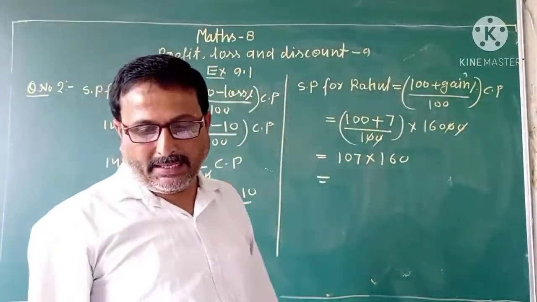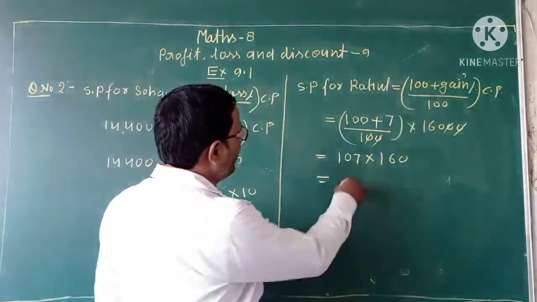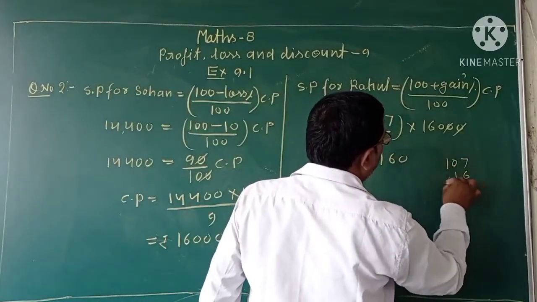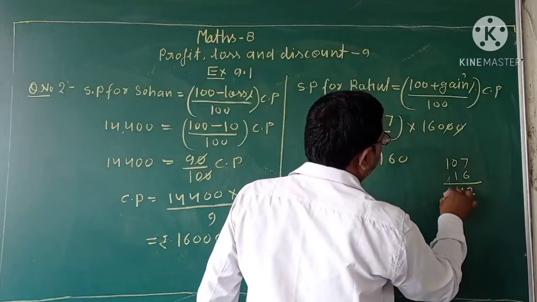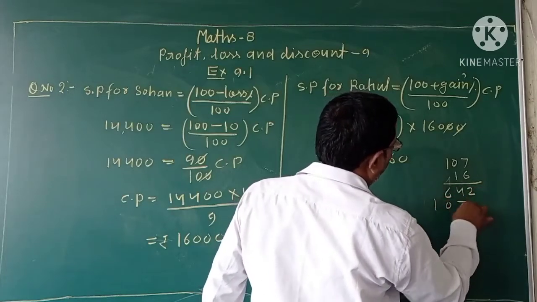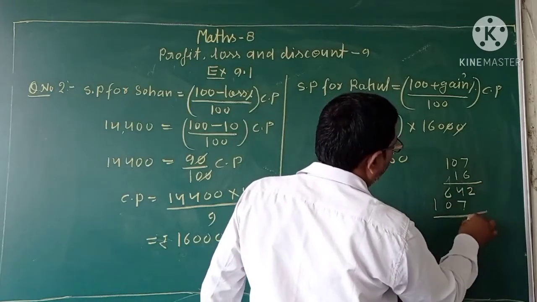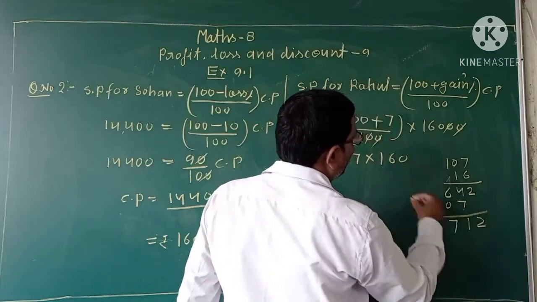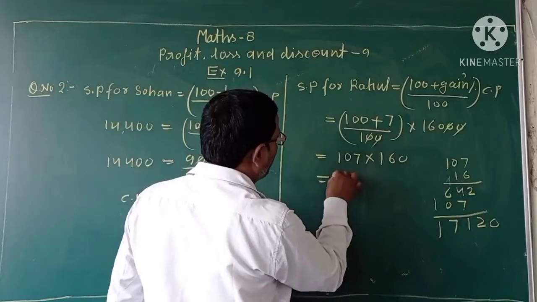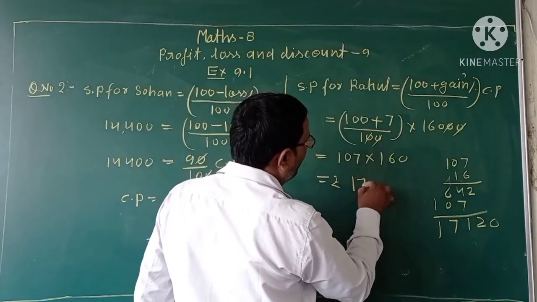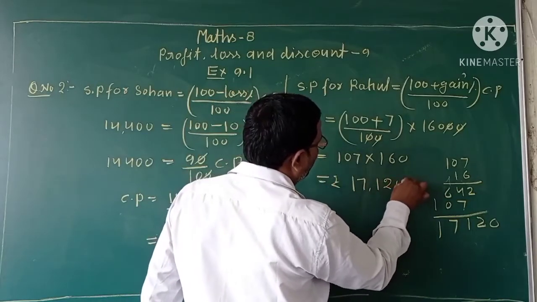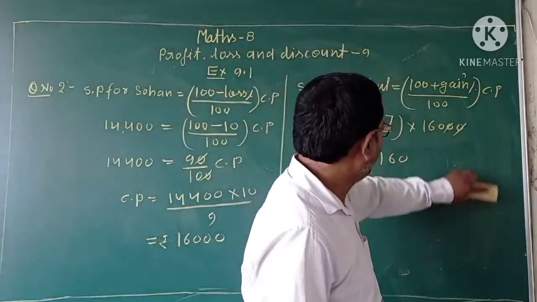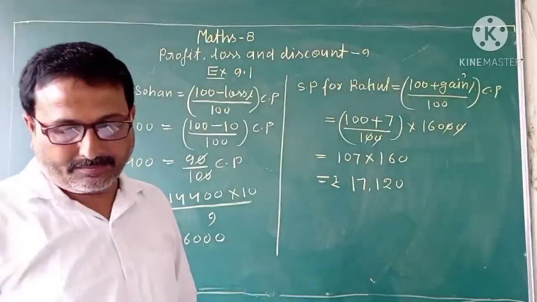When you multiply, you will get 17,120 rupees. This is your question number 2.